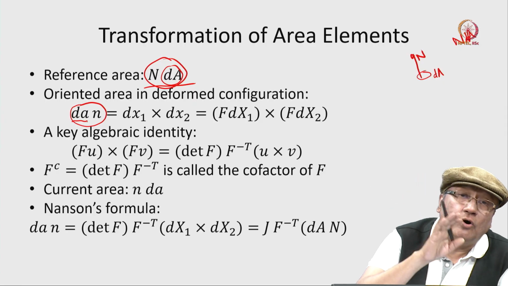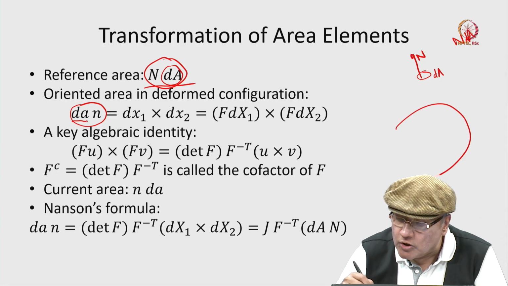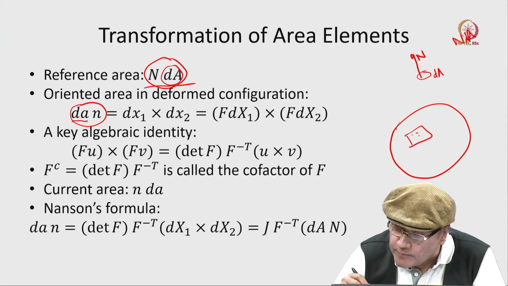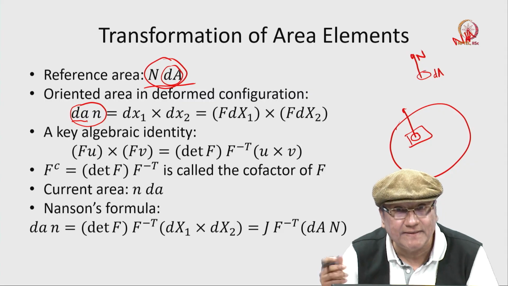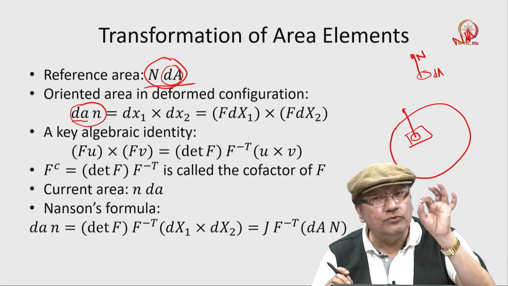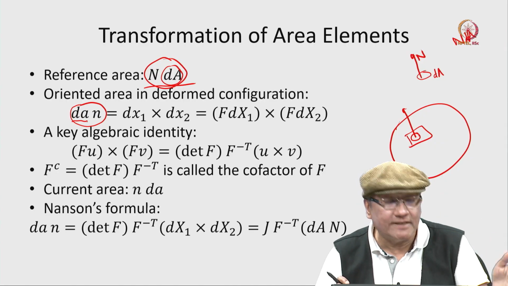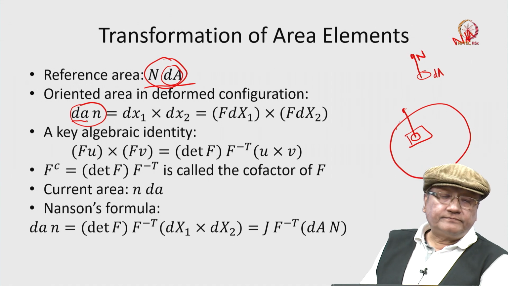These are all in the tangent spaces, because you take a point, fix a tangent space here, take a small area here and then draw the normal. So, these are all in the infinitesimal neighborhood of a point. You must always understand that. That is why we always talk of this dA.